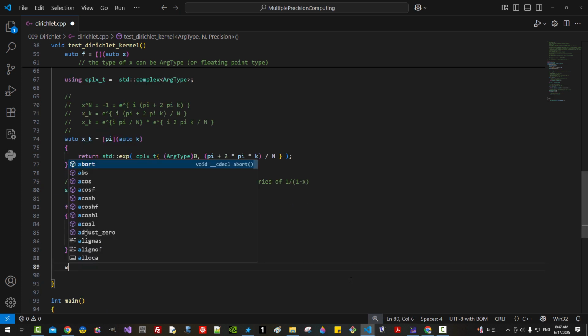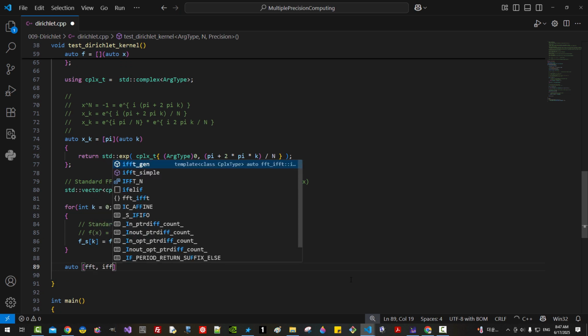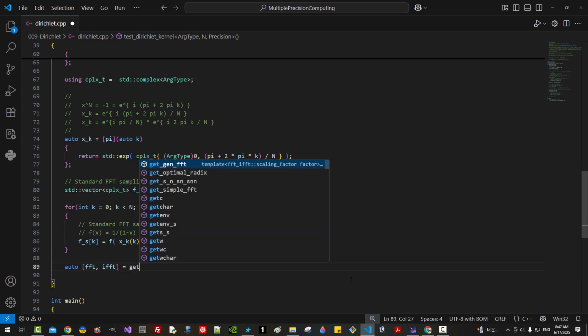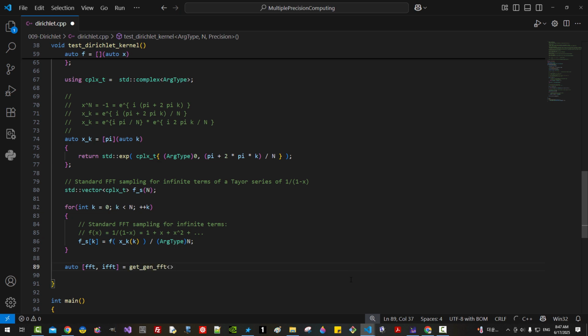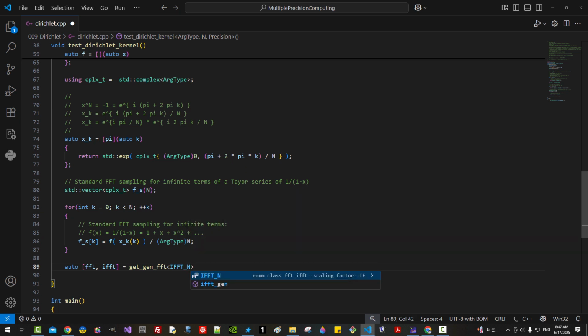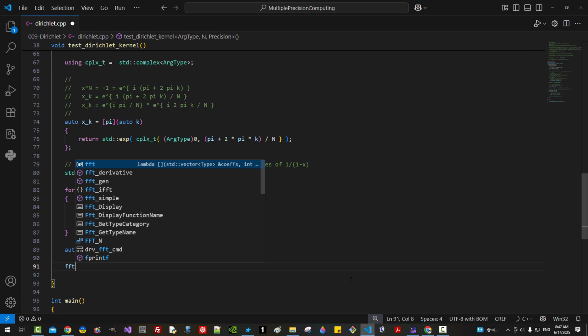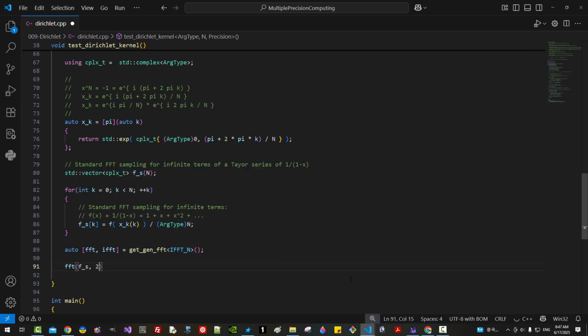Now, auto FFT, IFFT, get gen FFT, IFFT underscore n. Then FFT fs 2. We call FFT with radix 2.